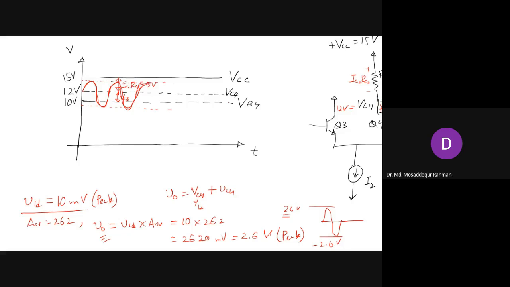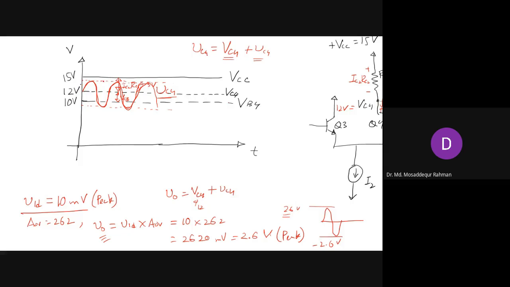What is fluctuating is our actual collector voltage, the total collector voltage VC4 or V0. The total collector voltage is the summation of the DC bias voltage and the AC signal voltage, and it fluctuates with time because of the AC signal.